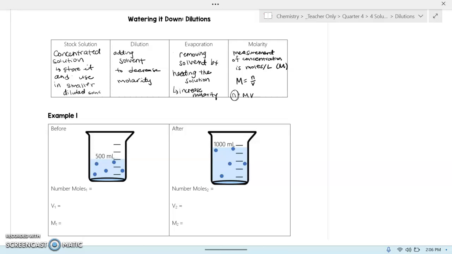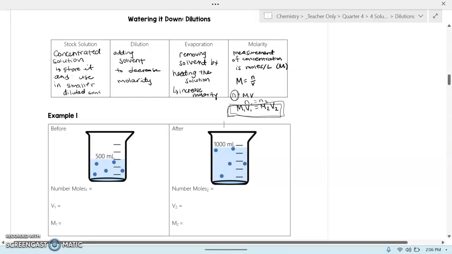So we can say that the molarity and volume product before water is added must be equal to the molarity and volume product after water is added, because the moles of solute are going to stay the same. So that's like saying n before equals n after. We're just using it with this side of the equation, molarity and volume. So this equation, M1V1 equals M2V2, is really helpful for us to figure out molarity and volume relationships with dilutions.